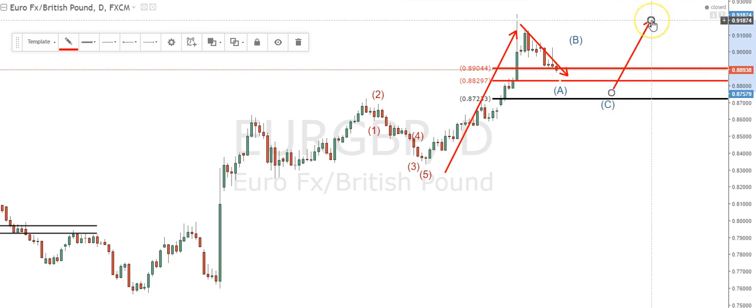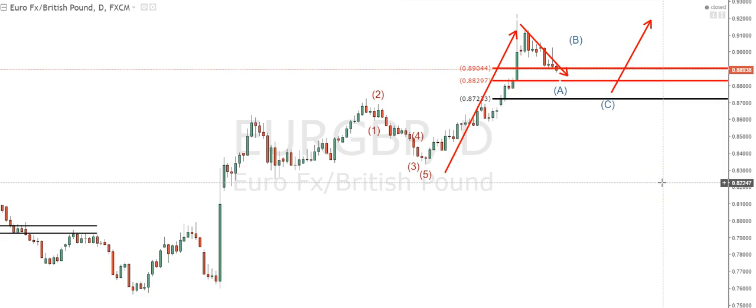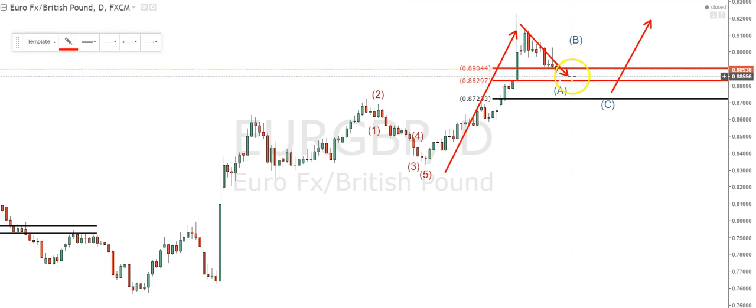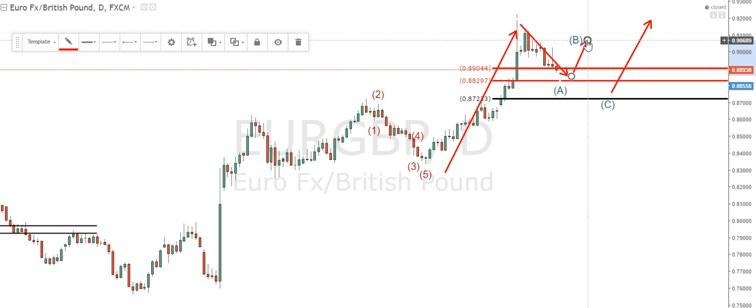So what we'll be looking to do in this case is take a trade to the potential B leg. Once we have our entry criteria met, we'll be looking to take a trade up to this point or beyond.